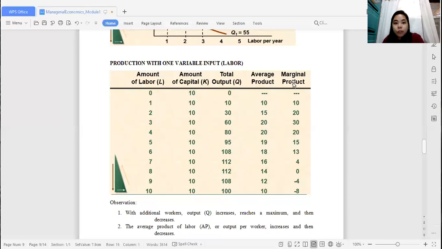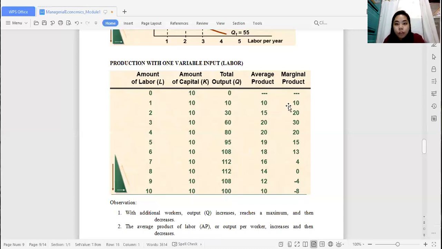So, we have here the marginal product. When we speak of marginal product, it is the units of output that are added if you add another unit of your labor or your variable input.